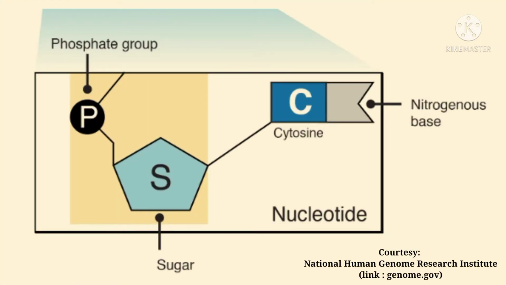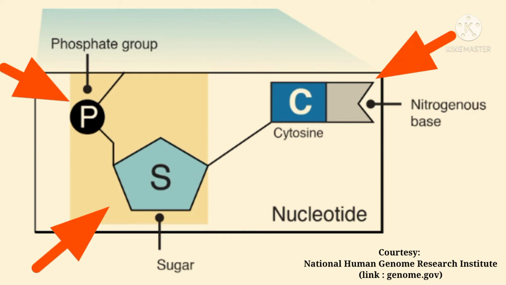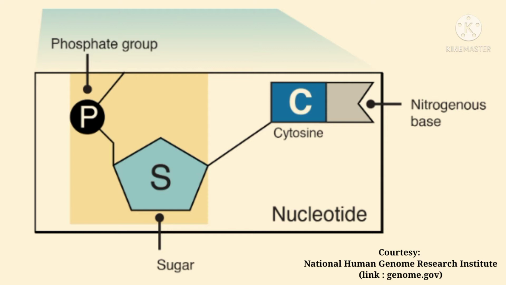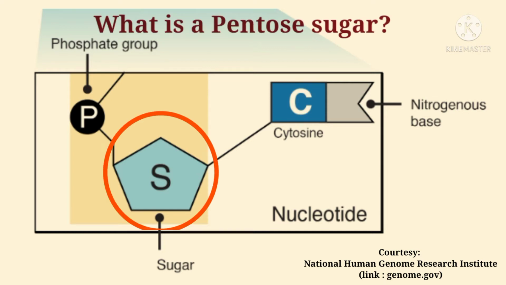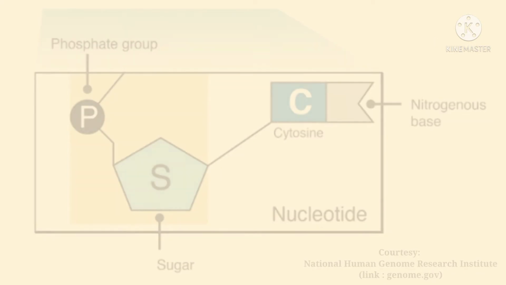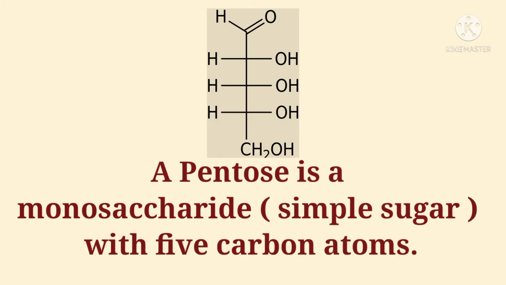Next, we are going to see about the three parts of a nucleotide. At first, we are going to see about the pentose sugar. A pentose is a monosaccharide, which means simple sugar with 5 carbon atoms.